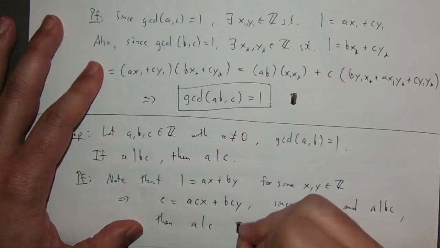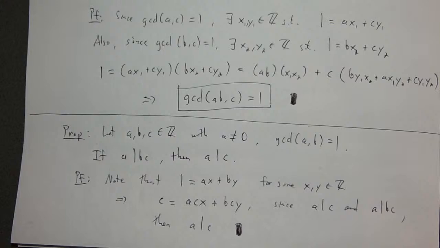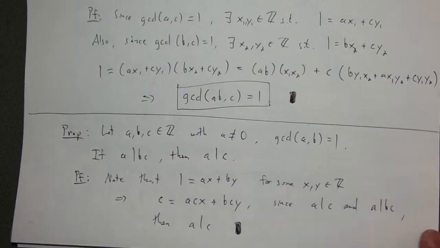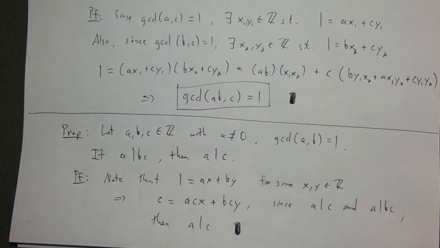So the one question that remains here is, how would you know to proceed with the proof like this? What are you trying to show? You're trying to show that A divides C. You've used the fact that you can write 1 as a linear combination of A and B. This should hint to you that I want to express C as some linear combination where I know the divisibility properties of both terms, right?